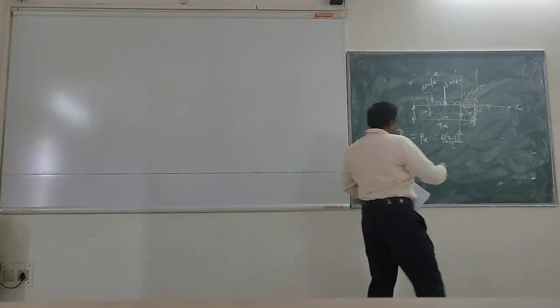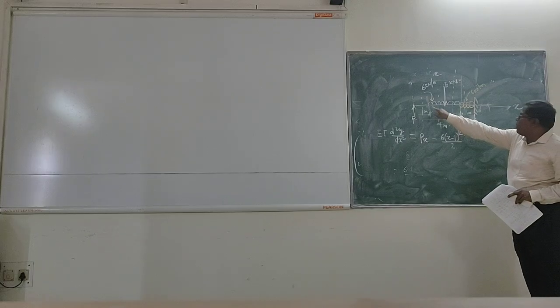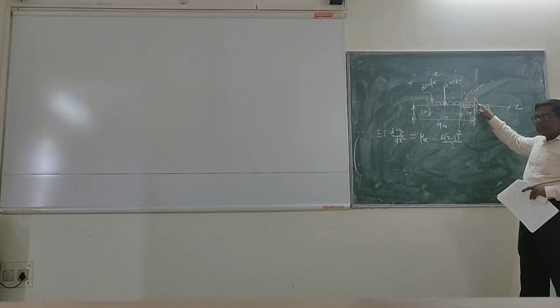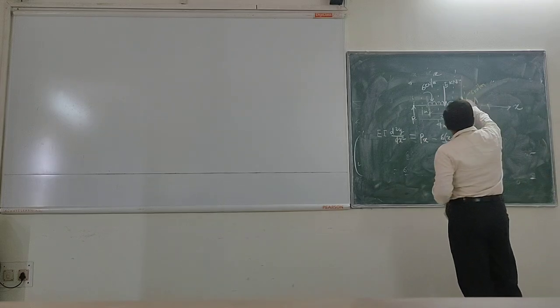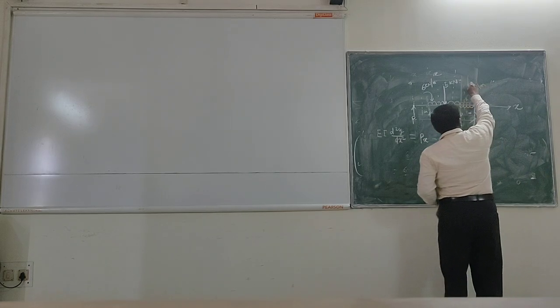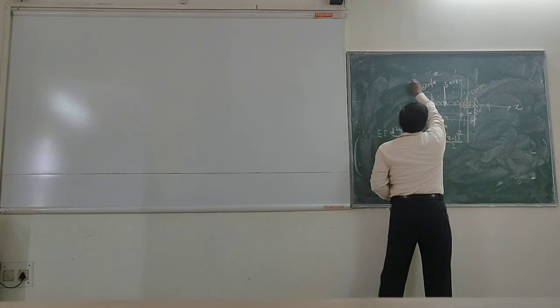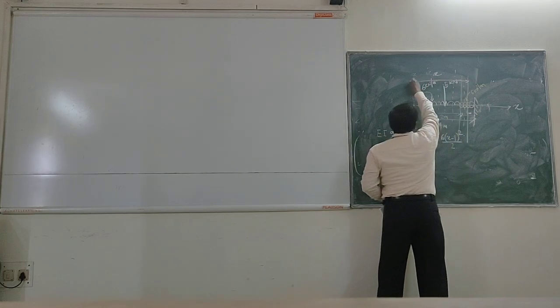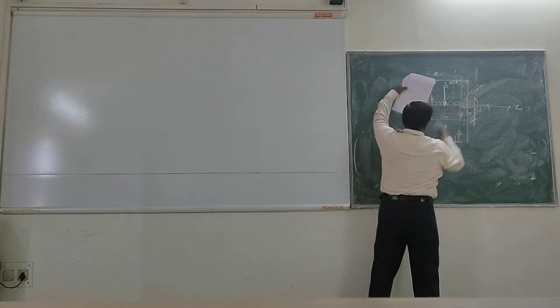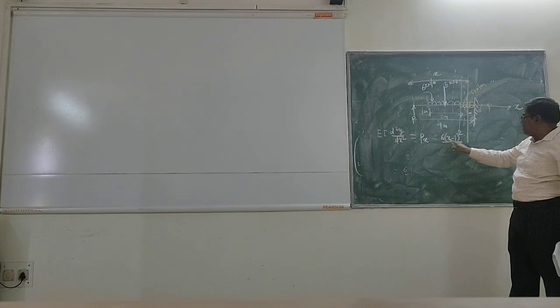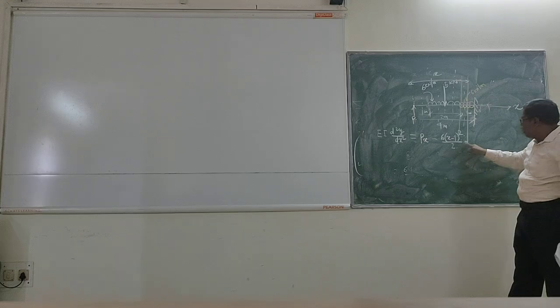Now, another UDL. We have considered this UDL. If I take any section over here, what will be the moment? P into X is the moment over here, minus, for this load, 6 into X minus 1 whole square by 2.